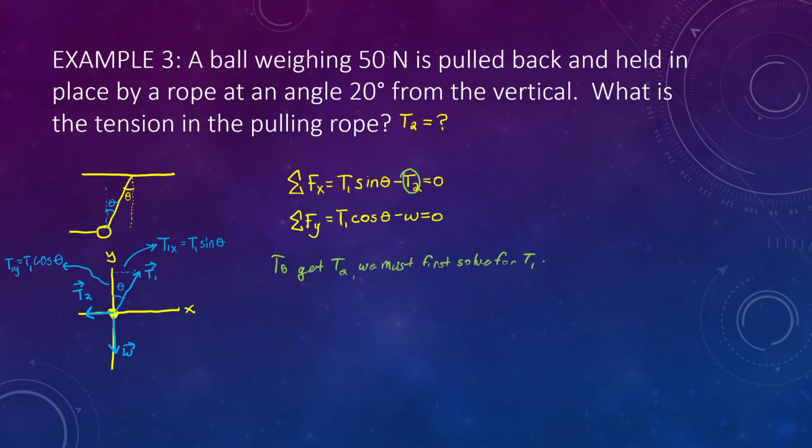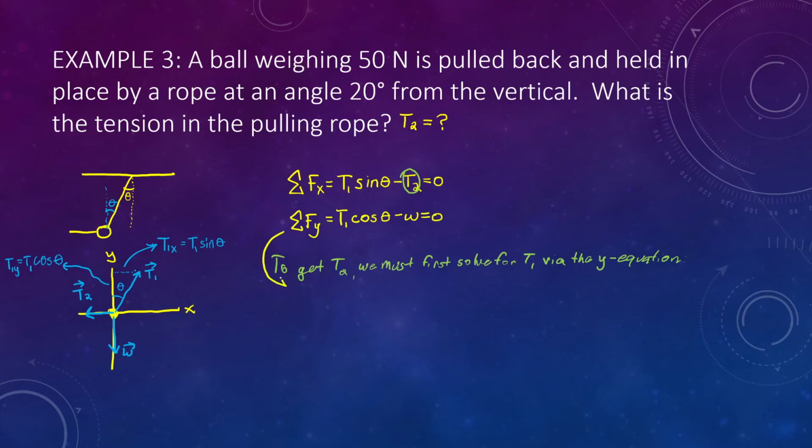So we'll say via the y equation. I don't know if it's worth me writing all this out, especially with sloppy handwriting. I'm so sorry. So to get T2, we must first solve for T1 via the y equation. So let's do that. Let's solve the y equation.